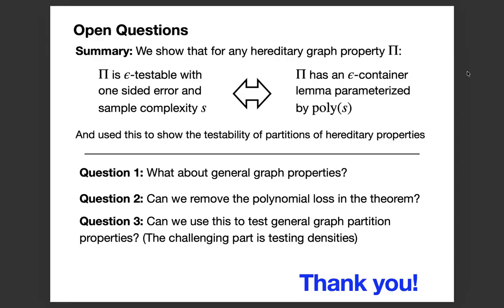Other questions? I just had one question, from someone who doesn't know so much about hereditary graph properties. If I'm okay with two-sided error, but I define a hereditary property not as every subgraph should satisfy the property, but most subgraphs, is there any such thing at all?